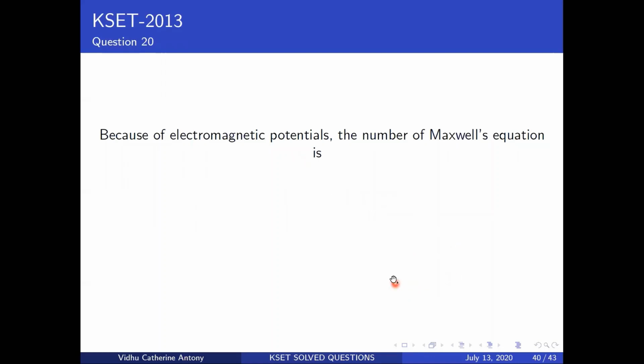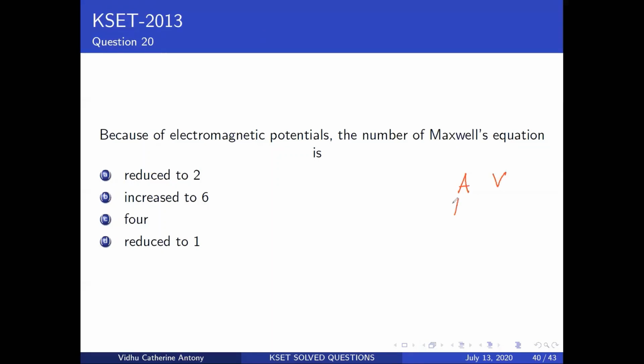Because of electromagnetic potentials, the number of Maxwell equations is: reduced to 2, increased to 6, 4, or reduced to 1. What are your electromagnetic potentials? Your electromagnetic potentials are A and V: your magnetic vector potential and your electric scalar potential.